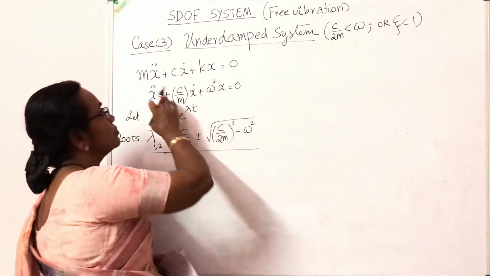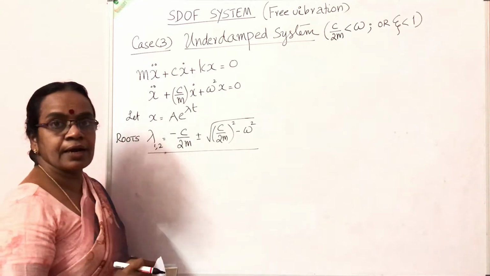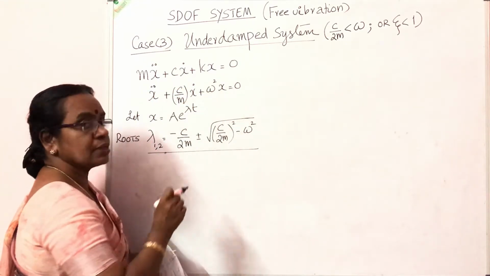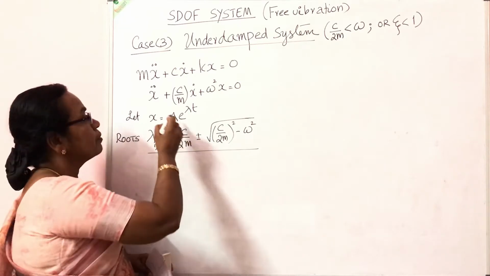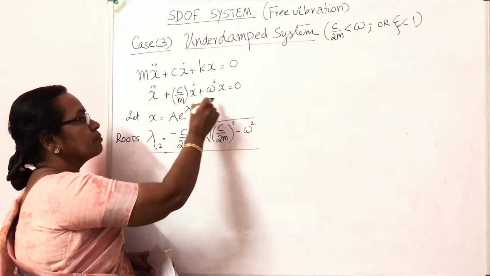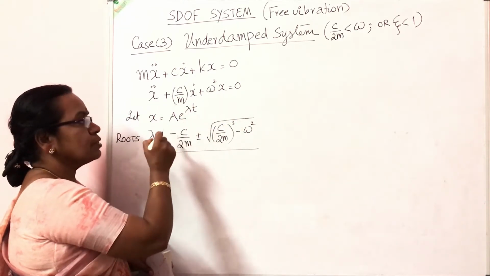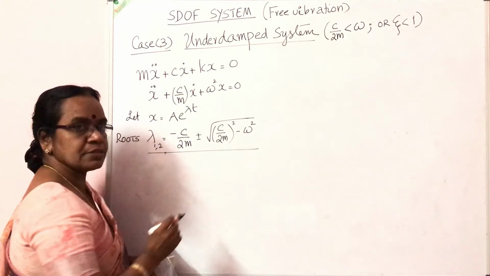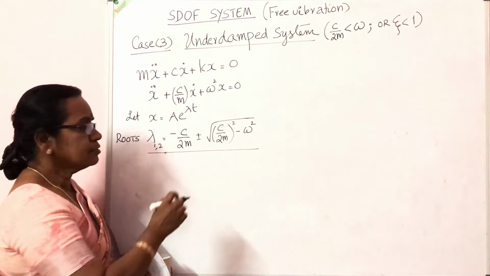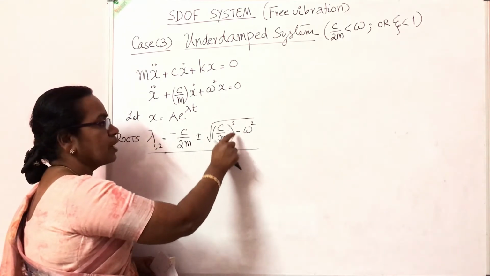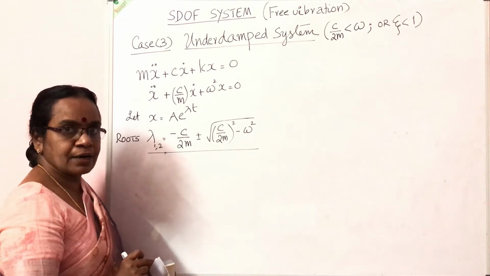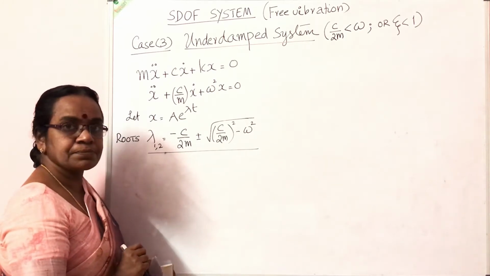So the general expression for a damped free vibration is m x double dot plus c x dot plus k x equal to 0. Then from that we have written this dividing by m. Then substituting x equal to A e raised to lambda t in this equation, we have got the roots of the equation as this. In this, if c by 2m is equal to omega, it's a critically damped system.